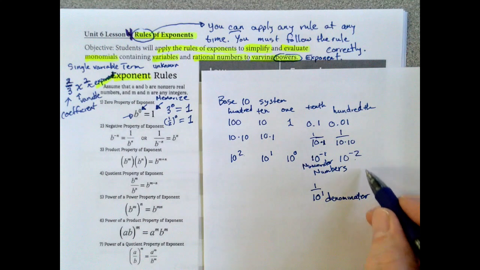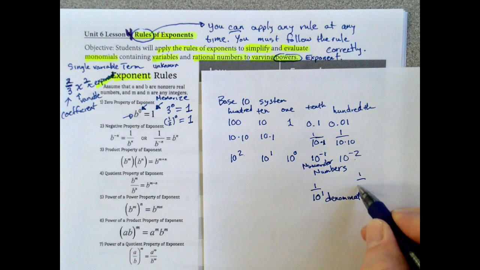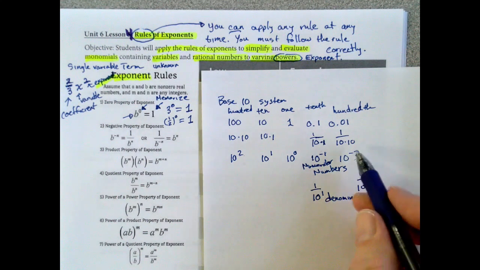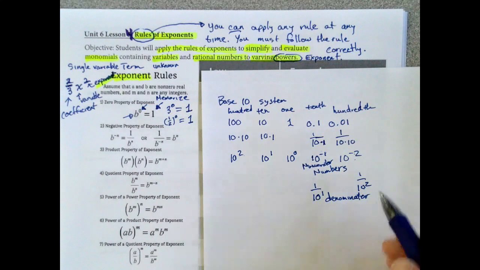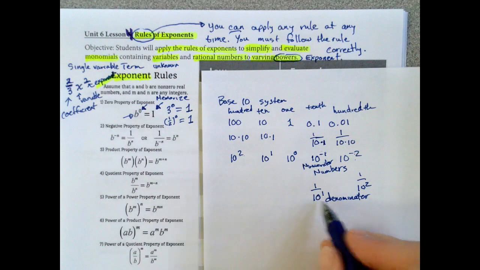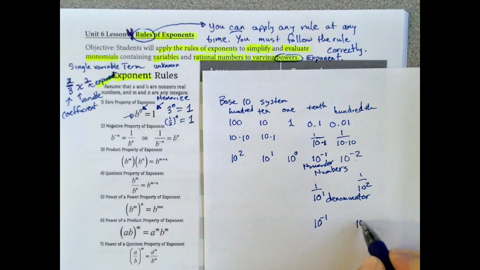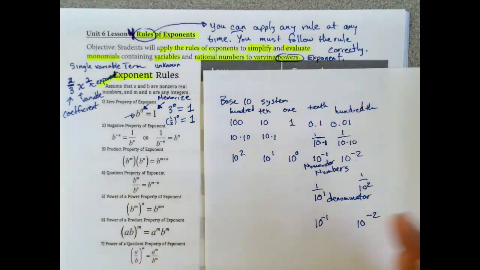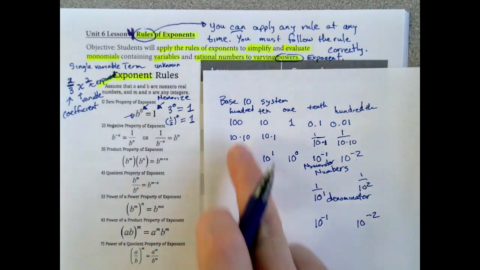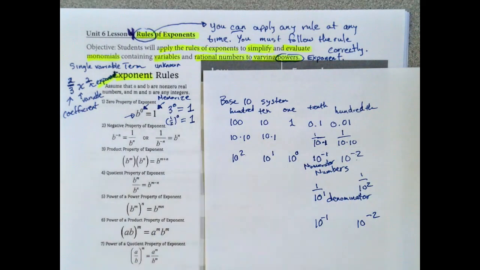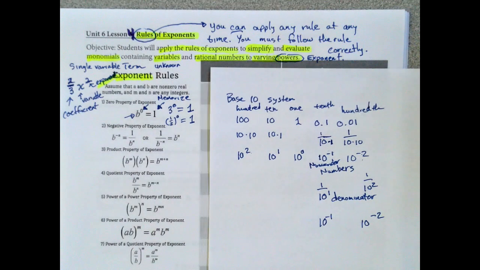Same thing for this one. If I push this to the denominator, then I can change the negative exponents to positive. And I can do it vice versa. If I push these back into the numerator, I would have 10 to the negative 1 and 10 to the negative 2. So it's a new way to represent the numbers, but in this base 10 system. That's what exponents are. They're a base system.